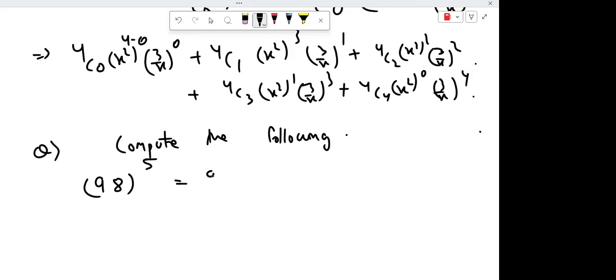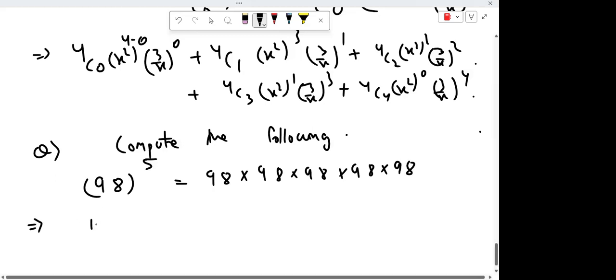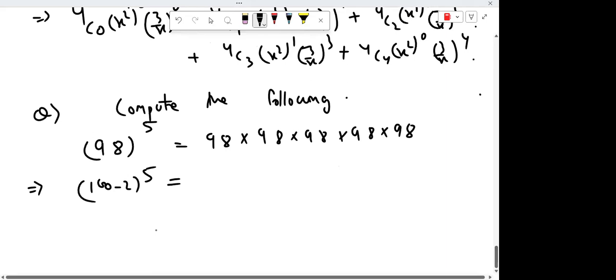Now what you can do is 98 into 98 into 98 into 98 into 98. But what else can you do? You can write it as 100 minus 2 to the power 5, and you can use the binomial theorem, right?